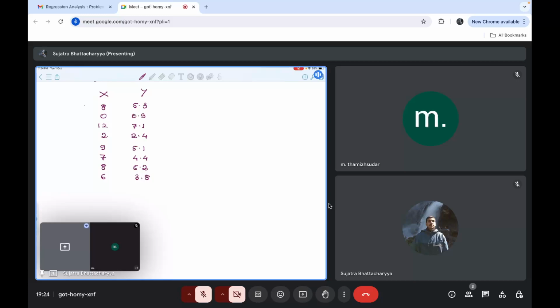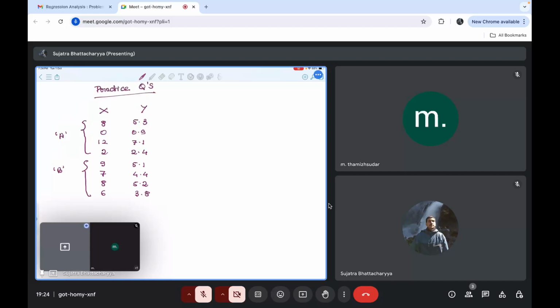So the first four data are coming from some set A, and the rest from some set B. How many sets of data? There are two sets of data.